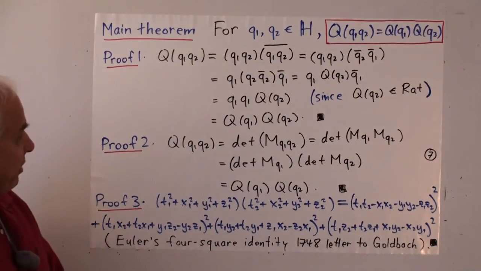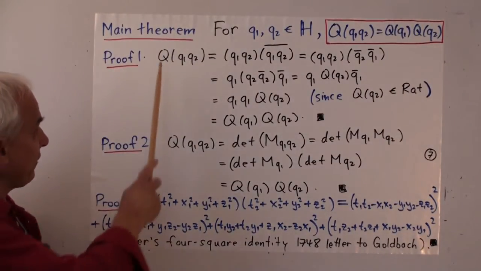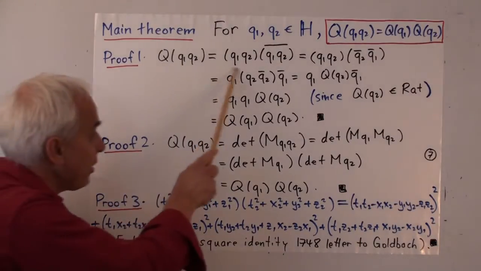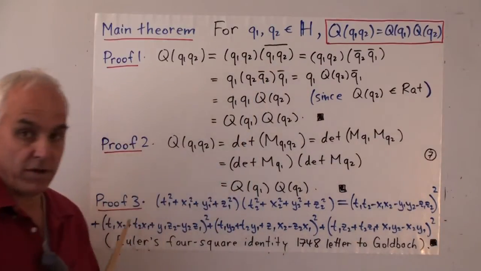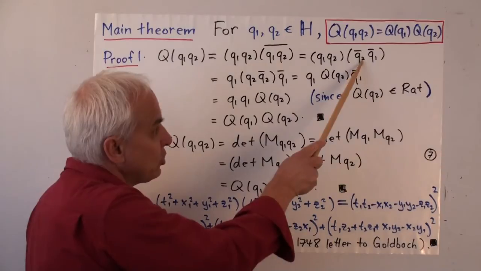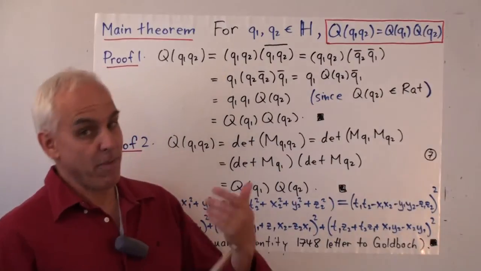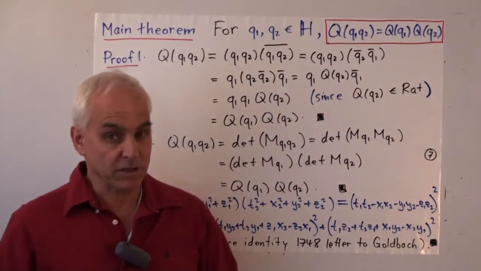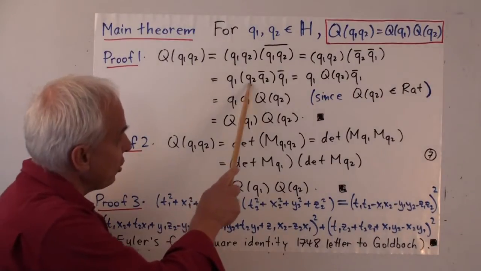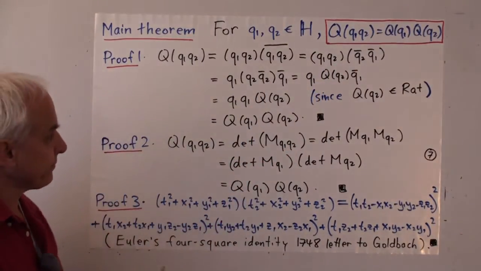And because it's such an important theorem, I'm going to give you 3 proofs. All right, so the first proof is directly from the definition. The quadrance of Q1 Q2 is by definition Q1 Q2 times the conjugate of Q1 Q2. But the conjugate of Q1 Q2 we saw was Q2 bar times Q1 bar. And now by associativity of quaternion multiplication, we can regroup the brackets, bracketing the Q2 and the Q2 bar together.